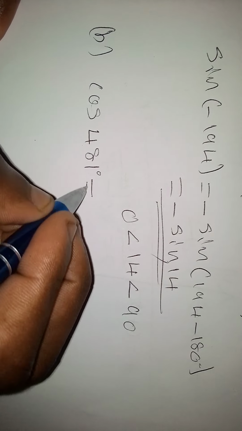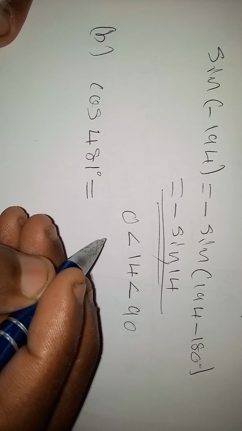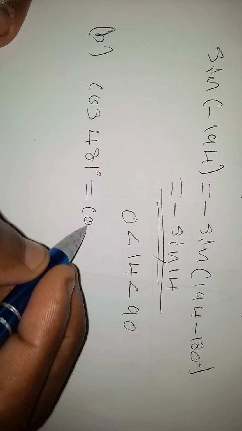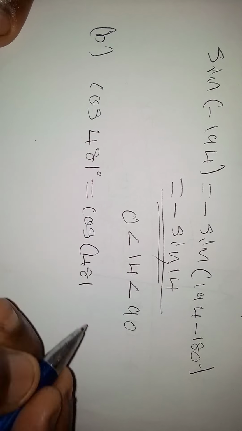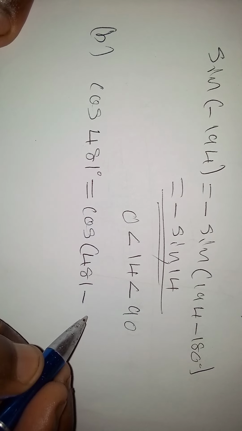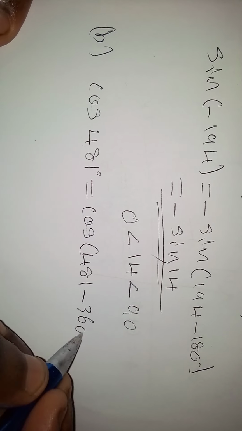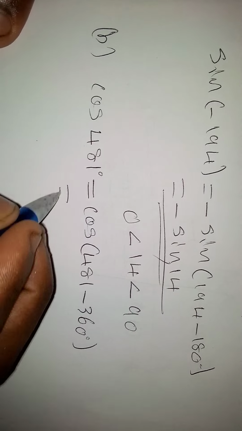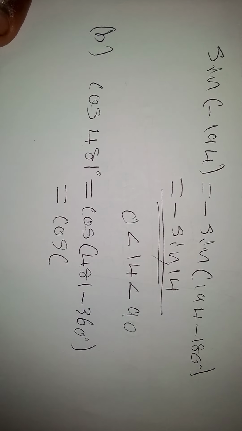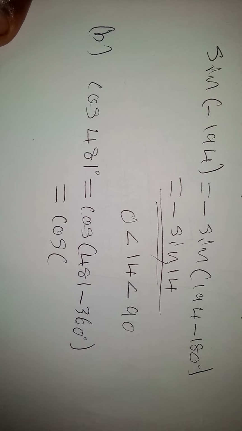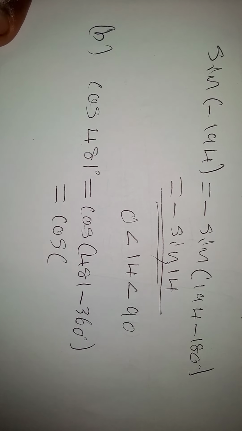So let's subtract 360 degrees. We have cos of 481 minus 360 degrees, and we are getting 121.